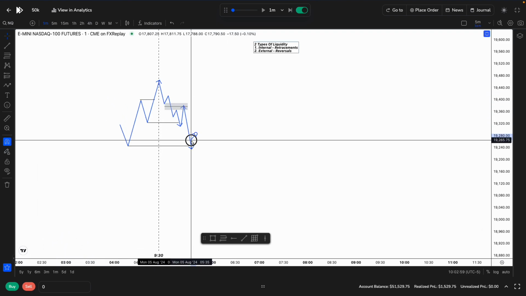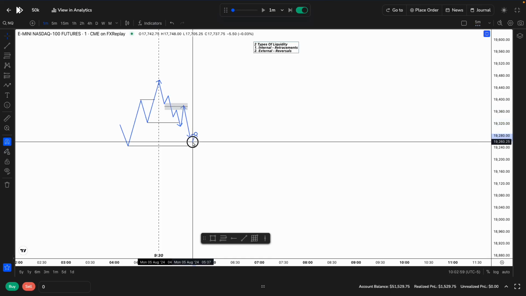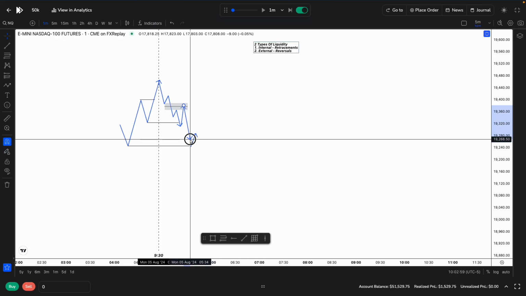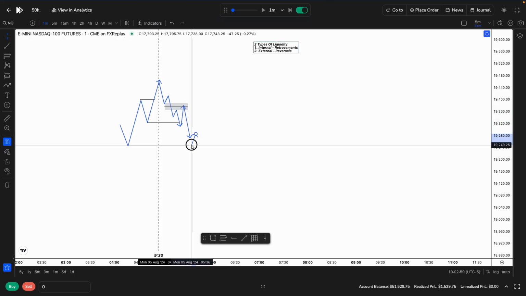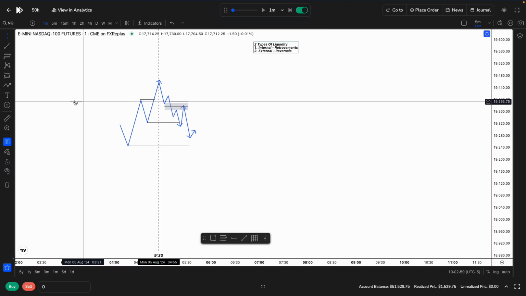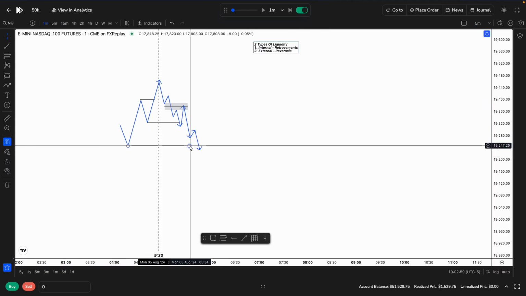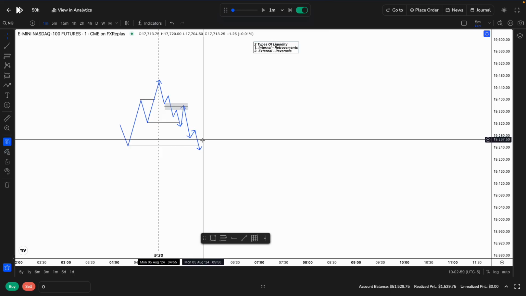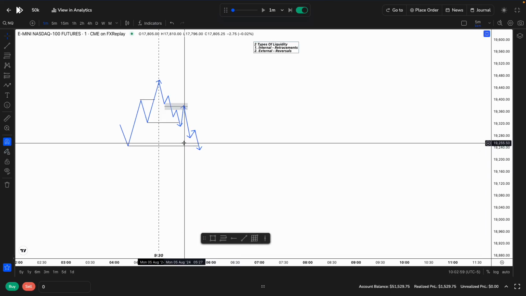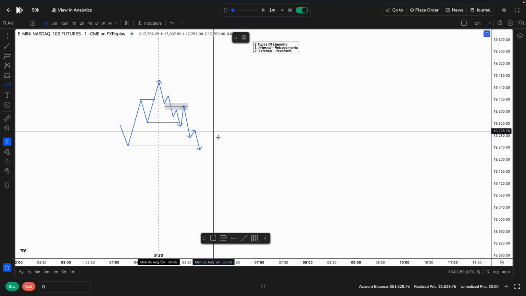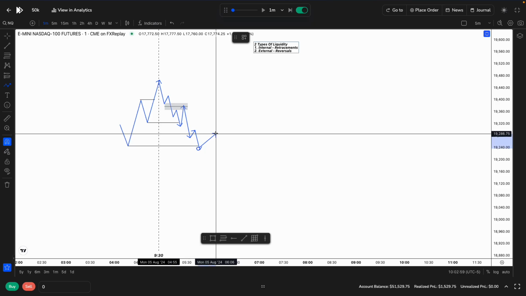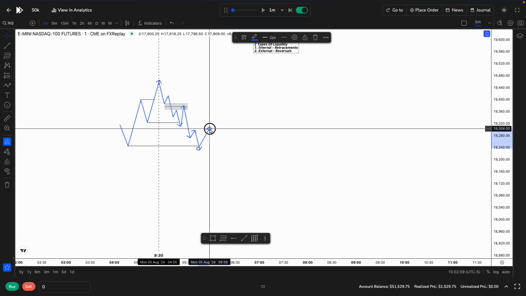We were here, and it's not 9:30, let's say it's 10:50 macro, and then we take the external low, what would we then expect? Well, price to move minimum to here.